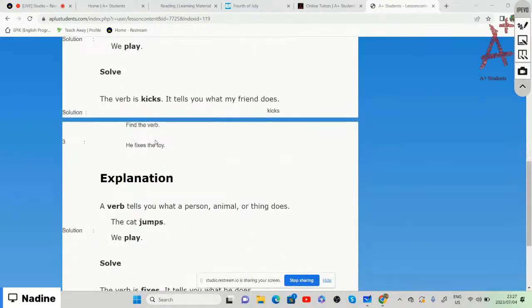He fixes the toy. What is he doing? He fixes the toy. So what is he doing?